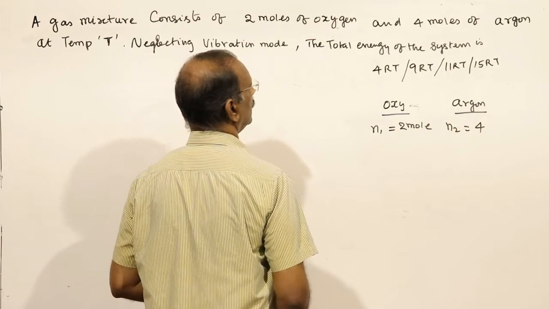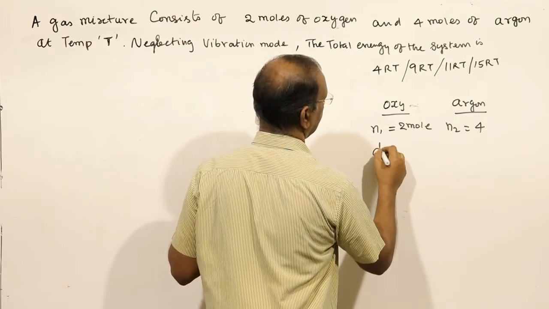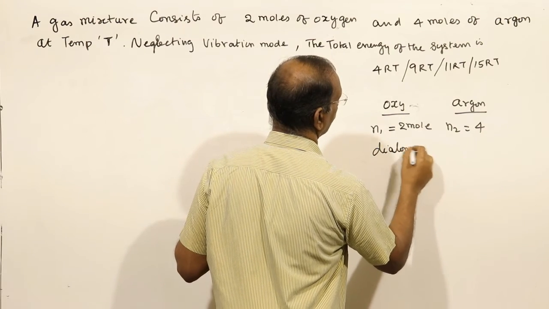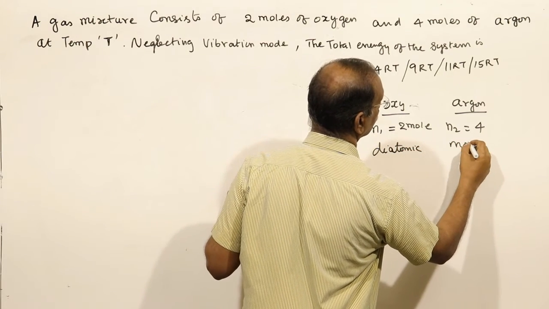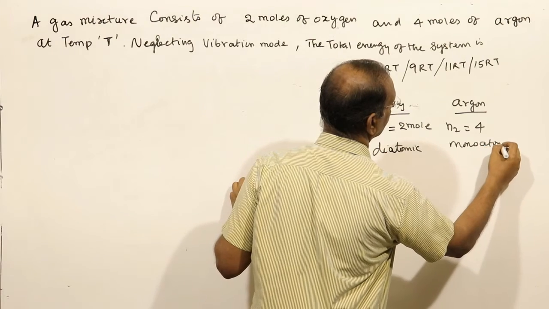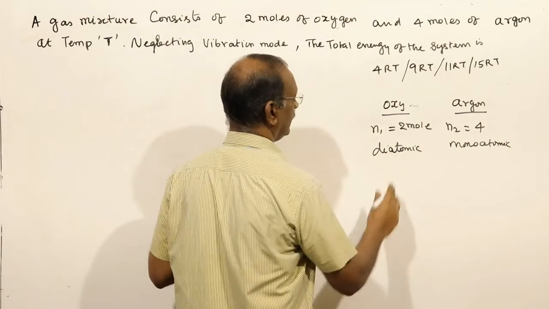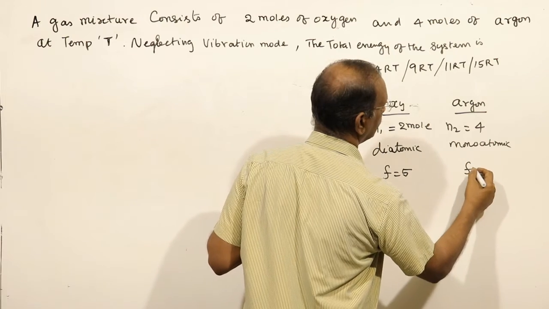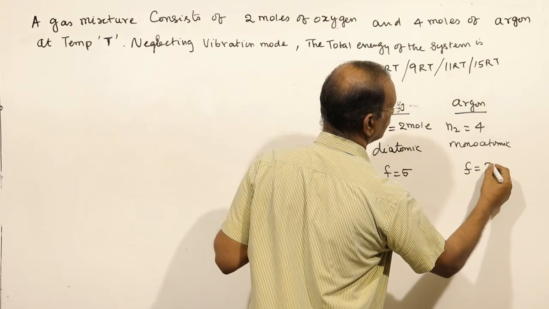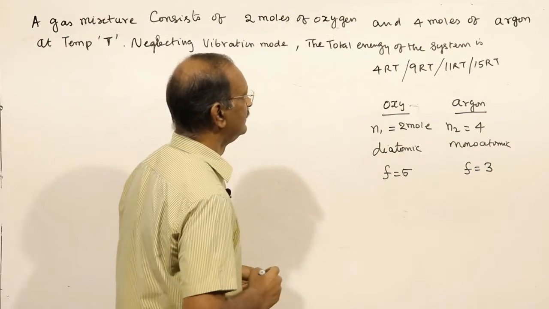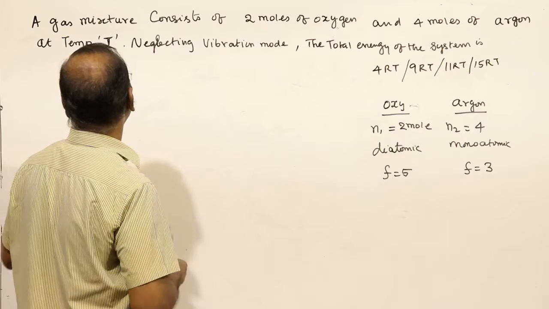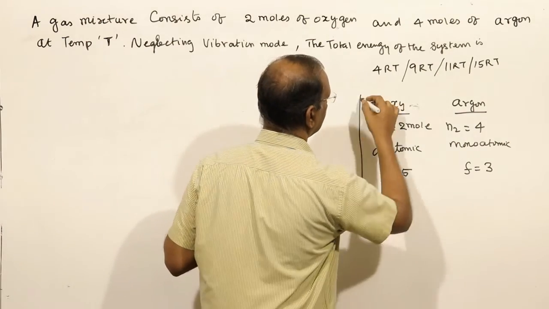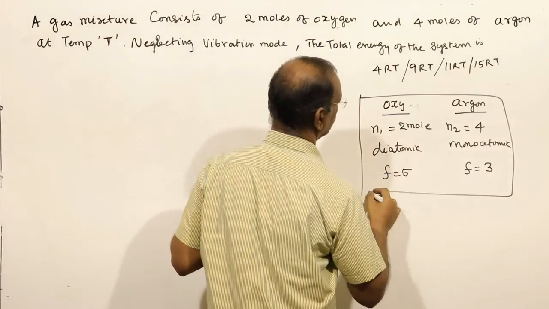Oxygen is diatomic and argon is monoatomic. It means, for diatomic the degree of freedom is equal to 5. Here the degree of freedom is equal to 3. We have already seen this in this section. He is asking at a given temperature. So the mixture is at a given temperature. Both are mixed.